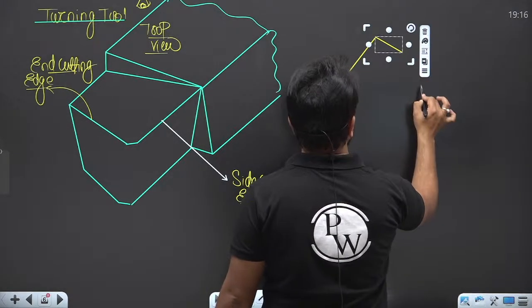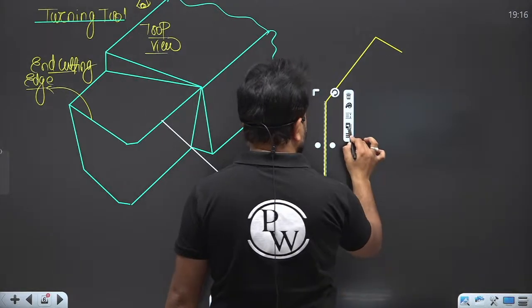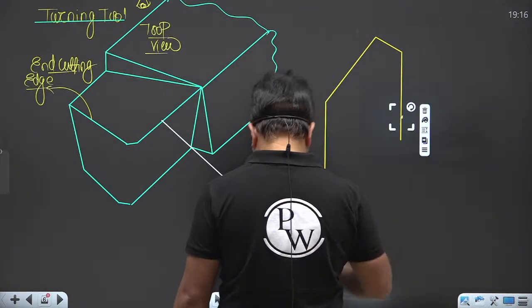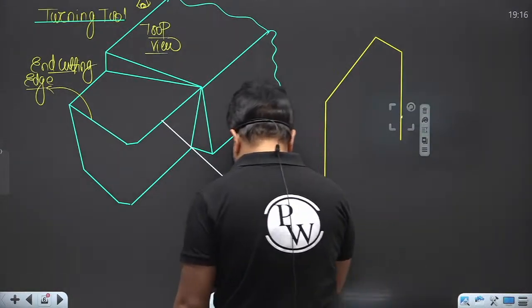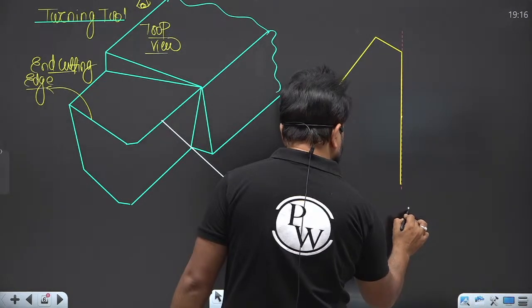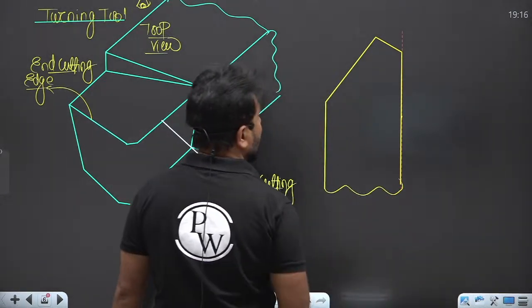This is the end cutting edge. This is your shank, as you can see here.